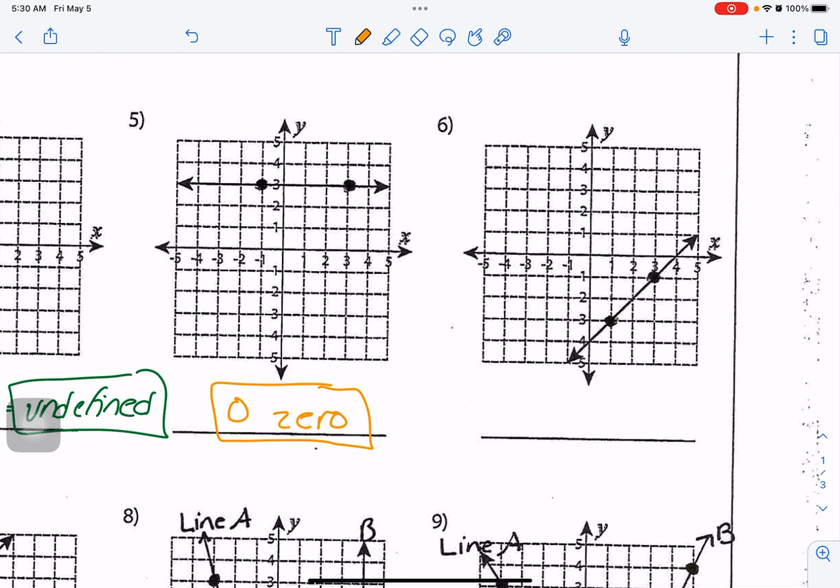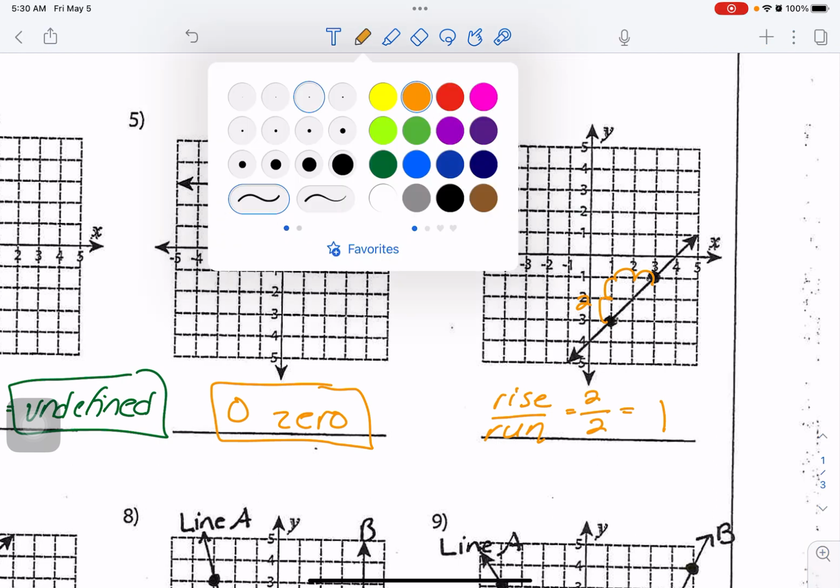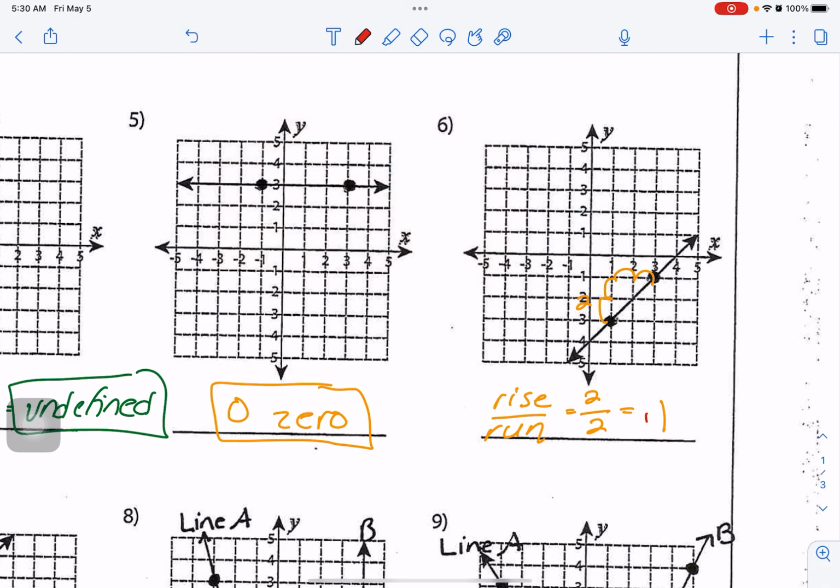But if it does not go straight vertical or horizontal, you would be writing rise over run. So again, I look at how far do I rise, which is 2, and how far do I run, which is also 2. And 2 over 2 is 1. And then I have to think about, is my line positive or negative? And this is a positive slope, so I would say my slope is positive 1.